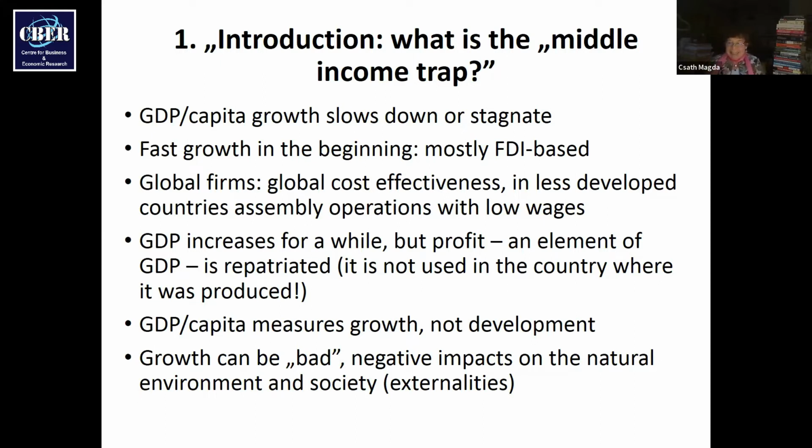The typical indicator which is used is GDP or GDP per capita growth. And the research findings concluded that if GDP per capita growth slows down or stagnates, it would show that the country falls into a so-called middle development or middle income trap.